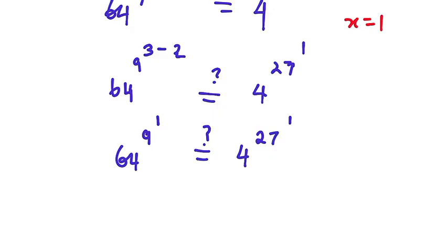Alright, so from here we can see that this 64 can be written as 4 to the power of 3. 4 to the power of 3 will give us 64. Then to the power of 9. Will this give us 4 to the power of 27? And 27 to the power of 1 is the same thing as 27, right? So that's why I just write 27.